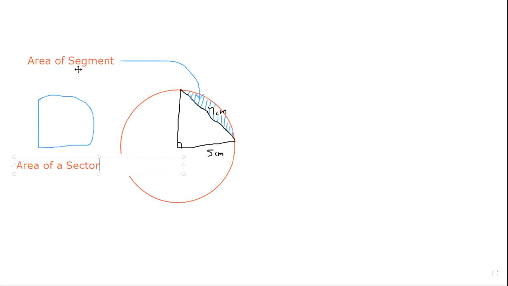Okay, so that's the area of a sector. So we need to consider that. We need to find the area of the sector.